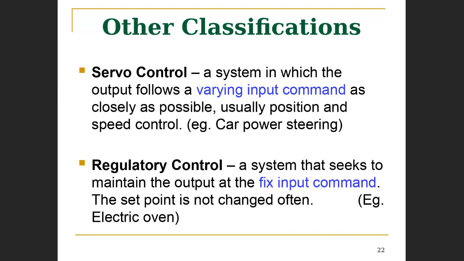So if we're talking about cars again, with the power steering, when you turn the steering wheel, the front wheels must align with the positioning of the steering wheel, and it must do so in a very timely manner. So you should not see any delays in that movement. And so the quality of a servo system is how well the control variable can track the set point.